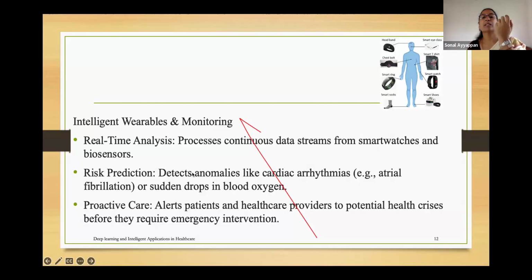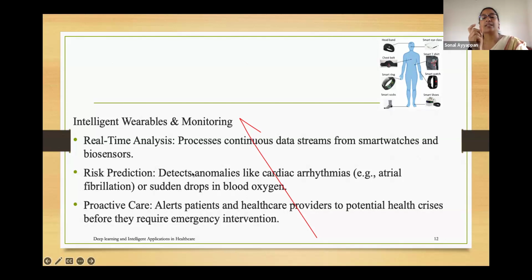The wearable device is something like a watch. If the person is not capable of talking when his blood sugar or blood pressure goes down, we had given a time limit of about 8 to 10 seconds.